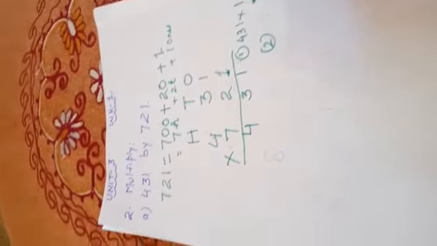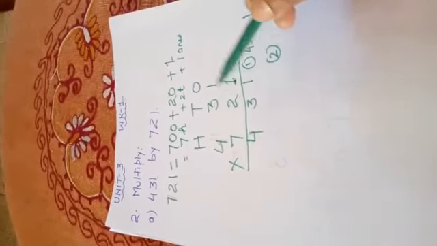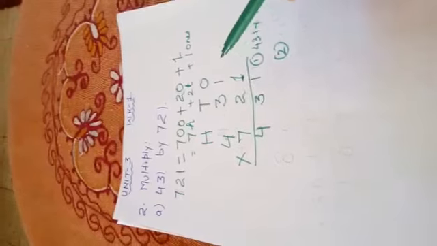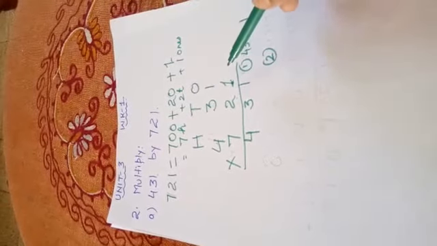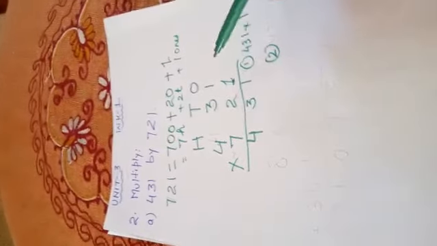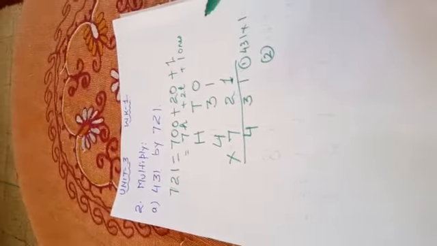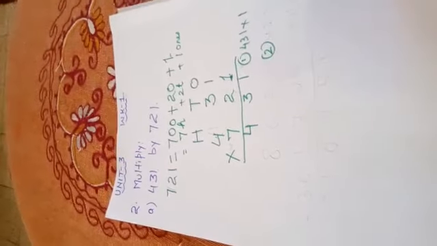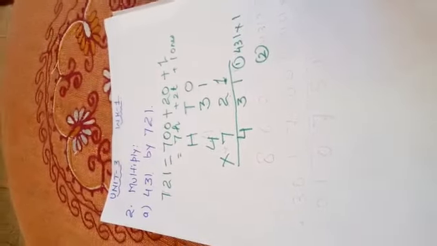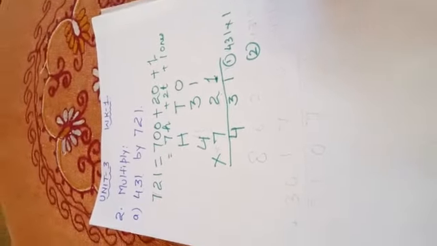There is a rule in multiplication, children. Whenever a number has 0 at its right side and that number is multiplied with another number, then in the product that 0 will also be at the right side of the number.